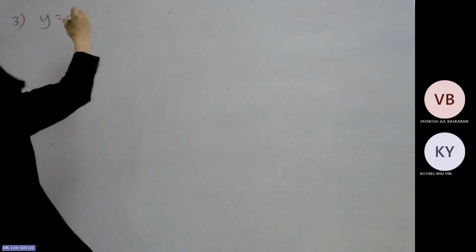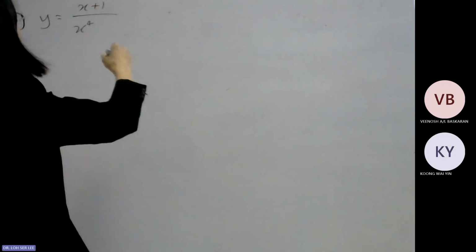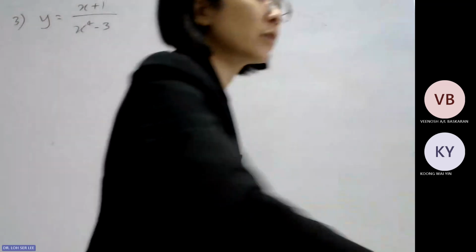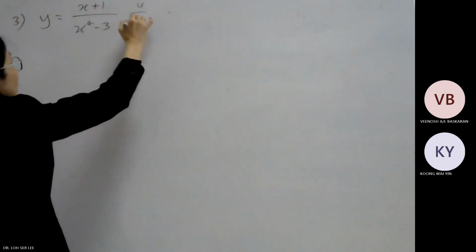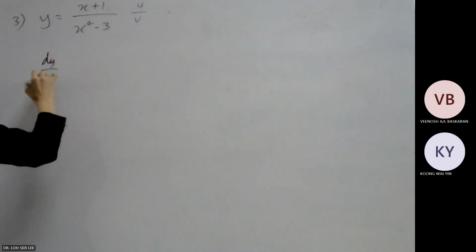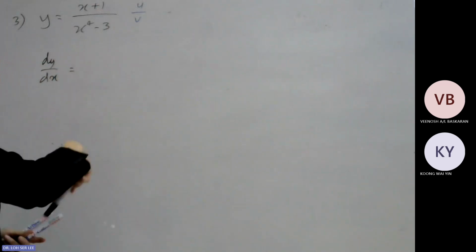x plus 1 over x to the power 4 minus 3. Okay, so this one is a quotient rule. We have to use quotient rule, U over V. Okay, V first. You have to get V and then U prime.